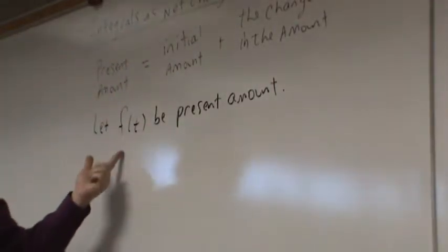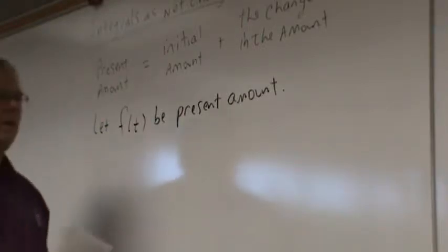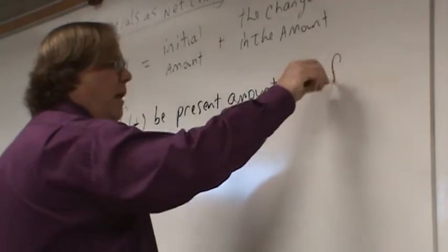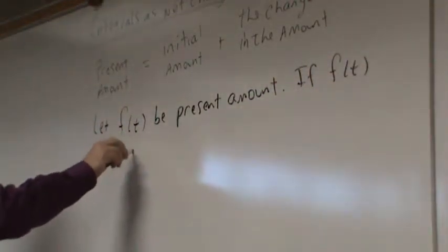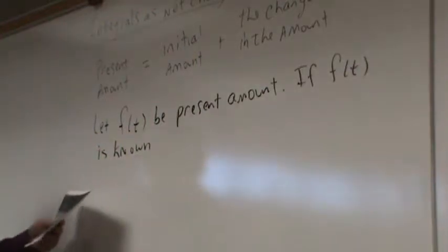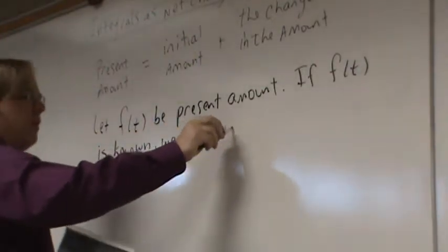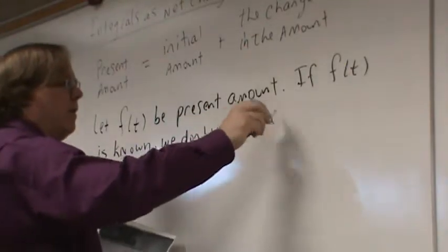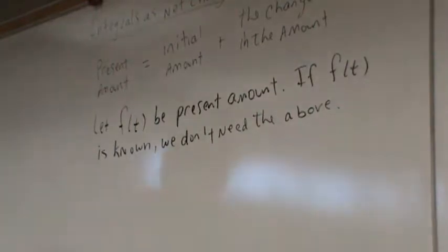I just plug in whatever t is and get my answer. If f of t is known, we don't need the above. We don't need this concept of present amount equals initial amount plus change in amount.